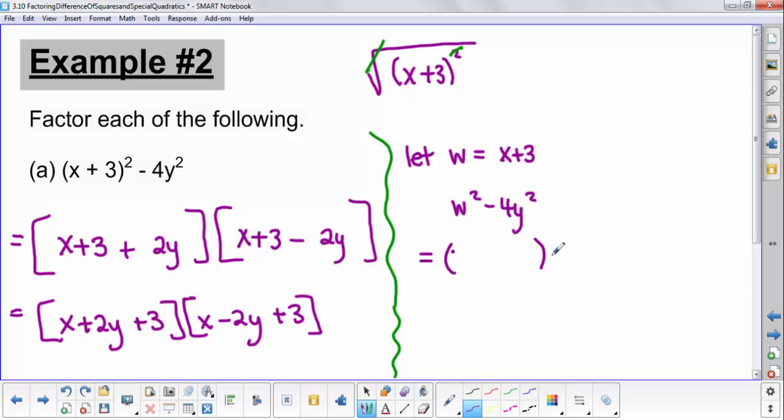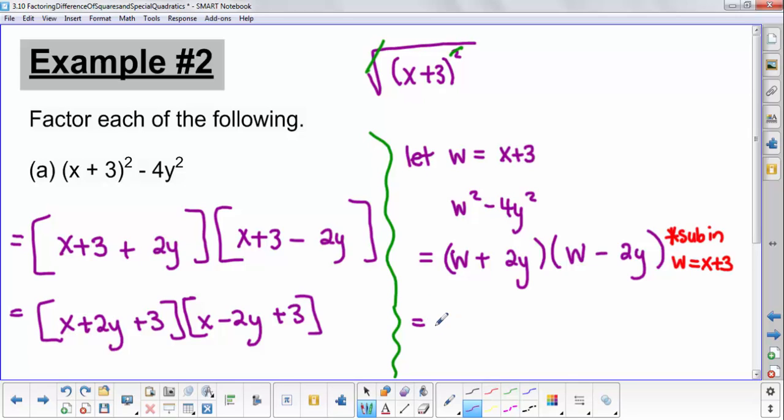We'll open up two sets of brackets, square root the w squared, square root the 4y squared. One bracket gets a plus and one bracket gets a minus. Just remember that w is never part of your question, so you have to sub back in for w.